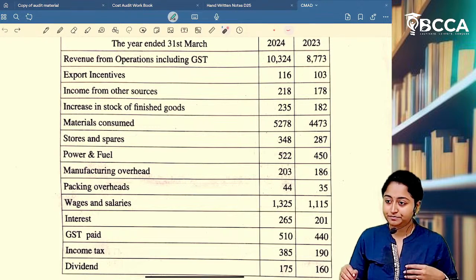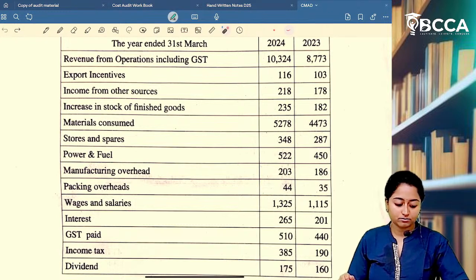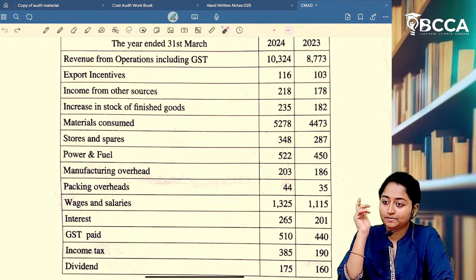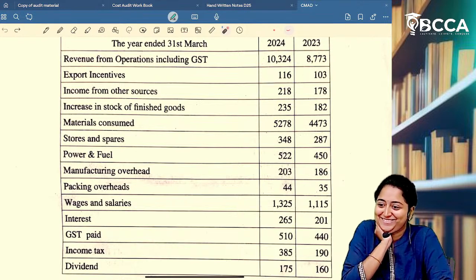Is it done? Super fast. In doctor writing. Similar to doctor writing, ma'am.